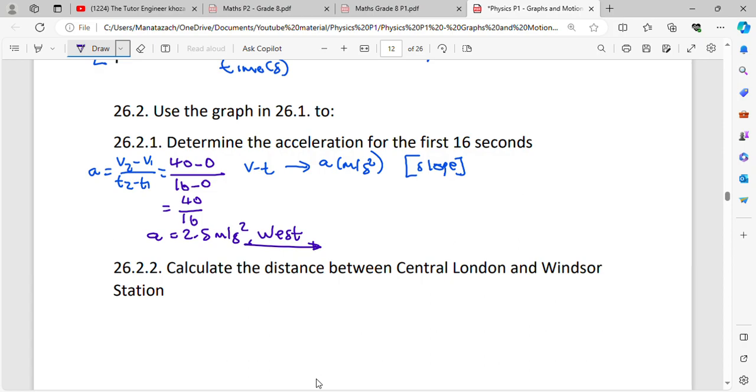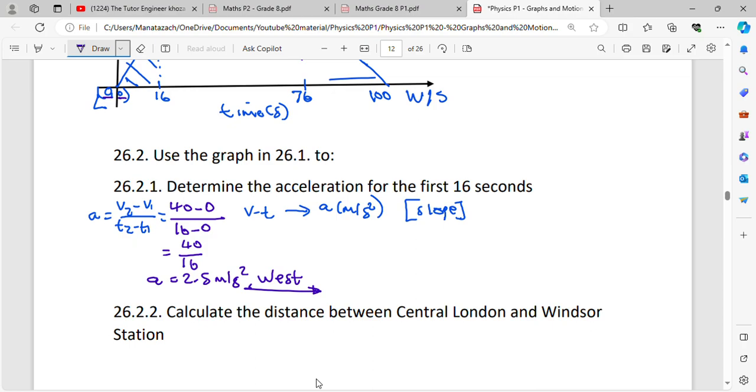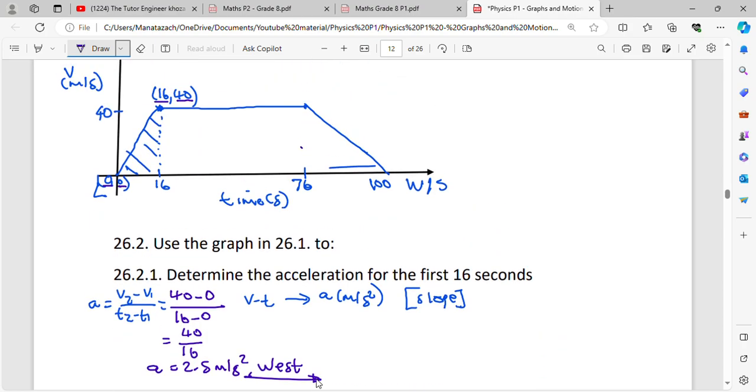Let's go to the second part of the question. Calculate the distance between central London and Windsor Station. So we're going to work out the distance from London to Windsor Station.